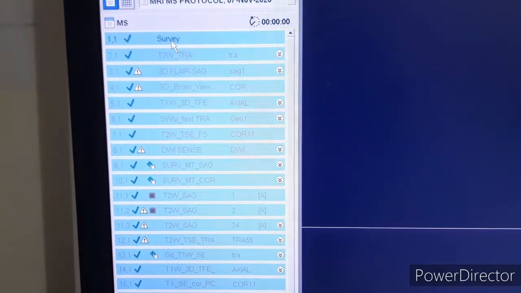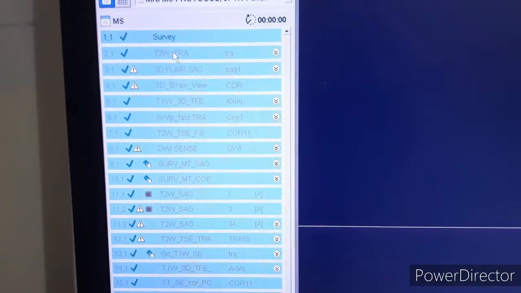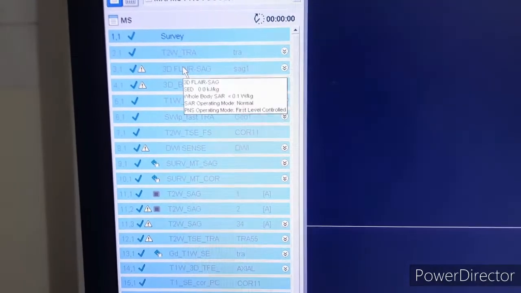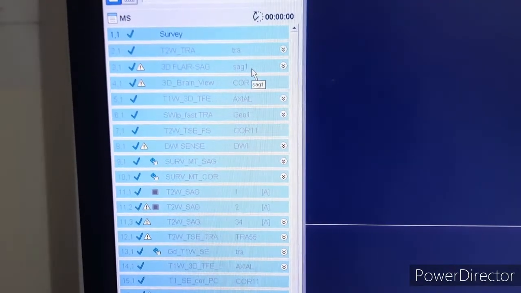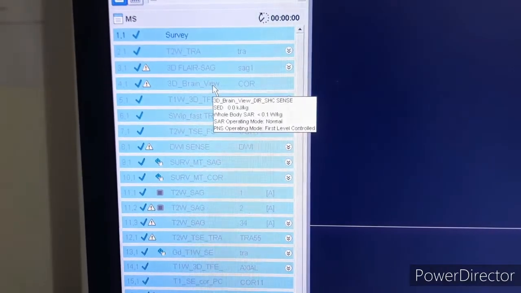So for that we have taken a 3-plane localizer, T2-weighted axial, and 3D FLAIR. You can take it in sagittal or axial, depending on the radiologist's choice.